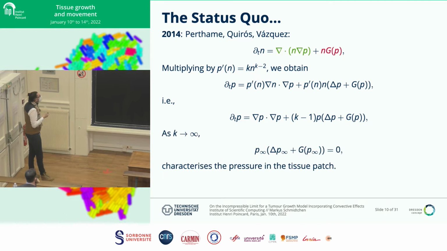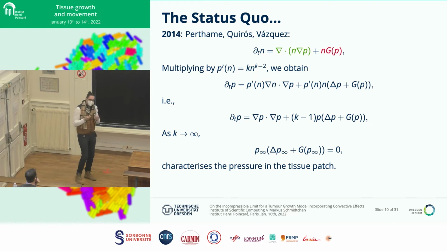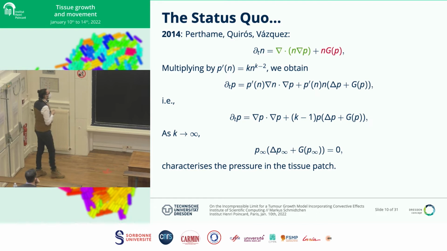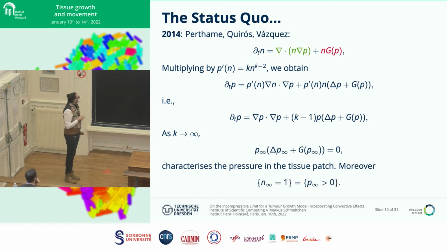As k goes to infinity, the incompressible limit, we have exactly this Hele-Shaw type problem. Whenever our pressure is positive, so inside of the tumor, we have to satisfy this elliptic equation. And this then will drive the boundary of our tissue. In their paper, they can also identify exactly the zone of saturation with the zone where the pressure is positive.